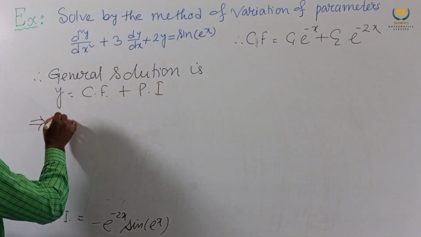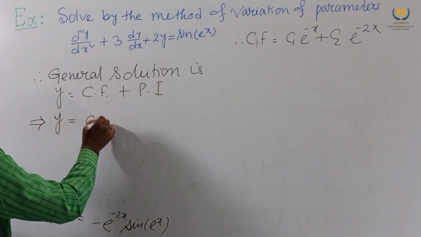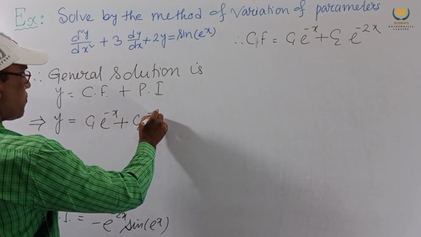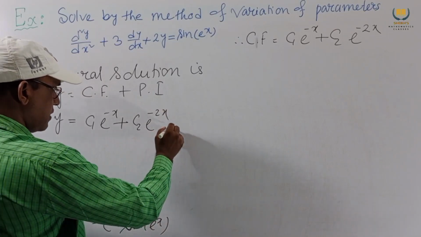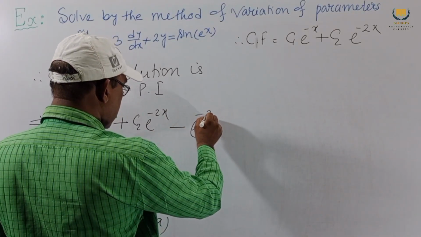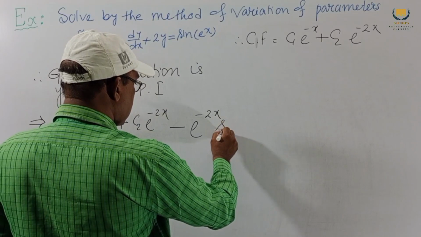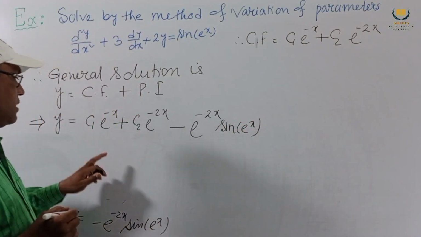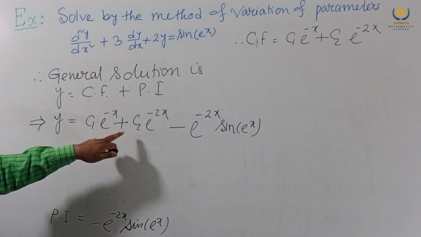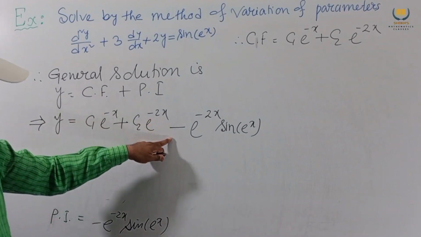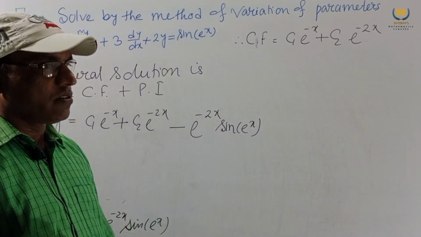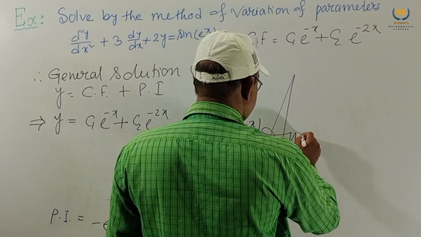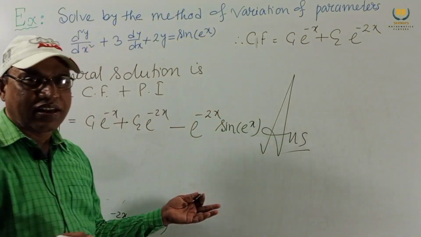This implies y equals C1 e to the power minus x plus C2 e to the power minus twice x minus e to the power minus twice x sine e to the power x, and this is our answer. Very nice solution and very easy also.